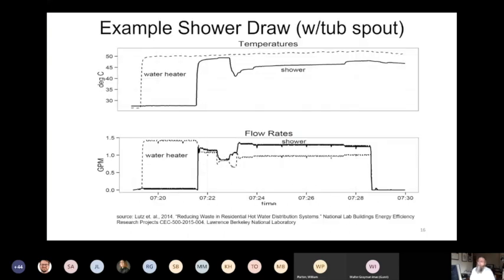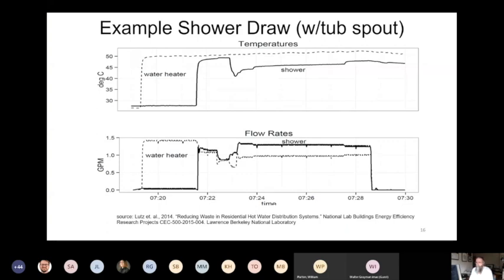Here's an example. It's a very busy slide of a shower draw with the tub spout. This was a project I was involved in where we measured the water temperature and volume leaving the water heater and the water temperature and flow rate at the shower head. The top graph is temperature, the bottom is flow rate. From about 7:19 to 7:21, hot water is leaving the water heater.